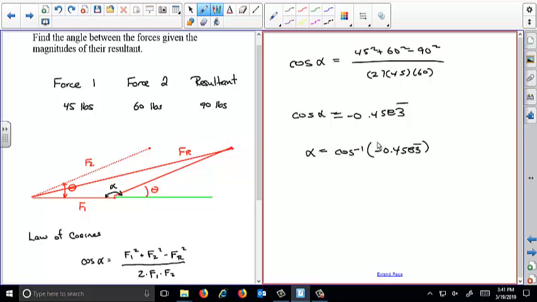I need to change that to degrees. Okay, I've done something wrong here. Let me change it to degrees.